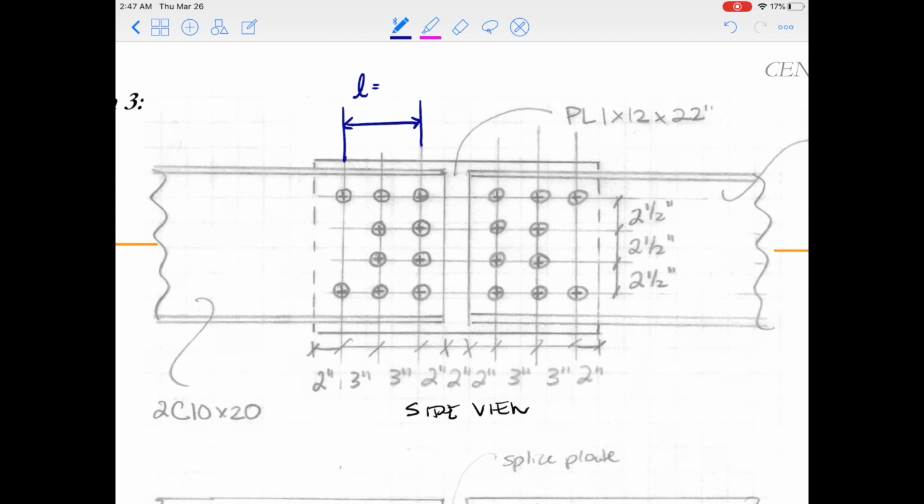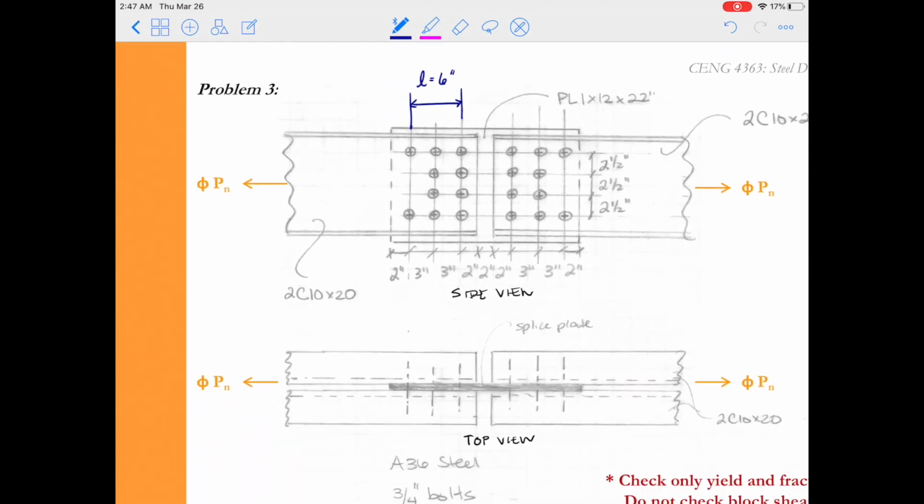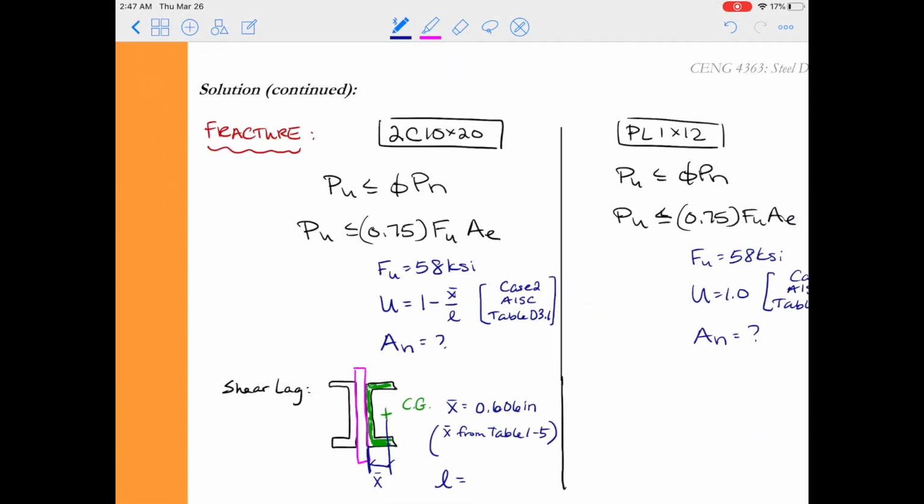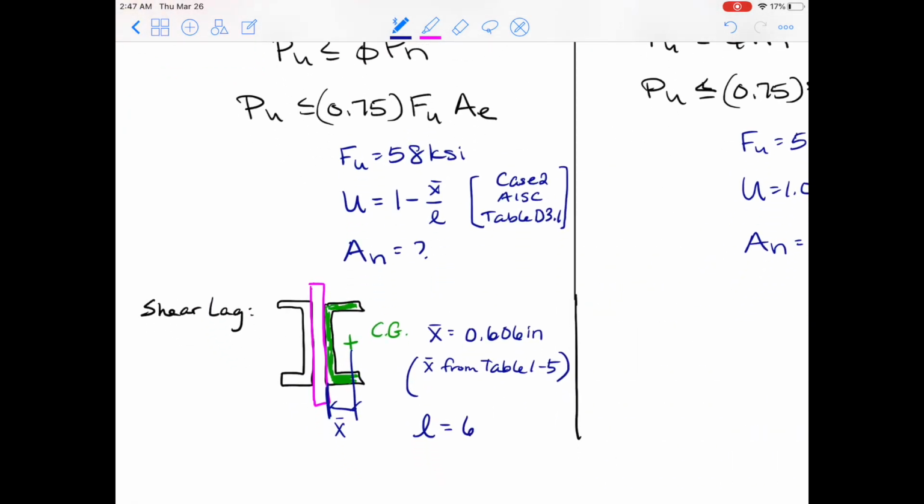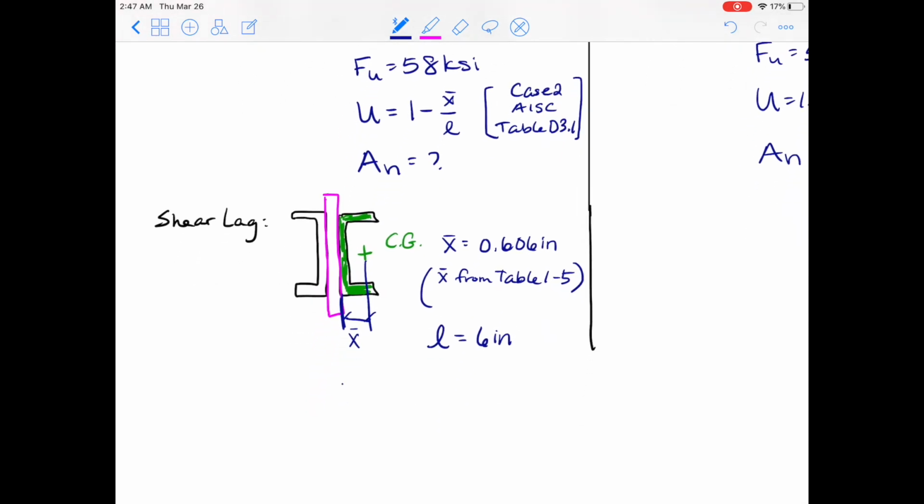For the channel member, that's going to be 6 inches, or 2 horizontal spacings. So we'll use L equals 6 inches. Once we have x bar and L, the calculation is straightforward. We do 1 minus 0.606 inches over 6 inches, and this gives a decimal of about 0.90. Again, it's standard to round U to the hundredths place.